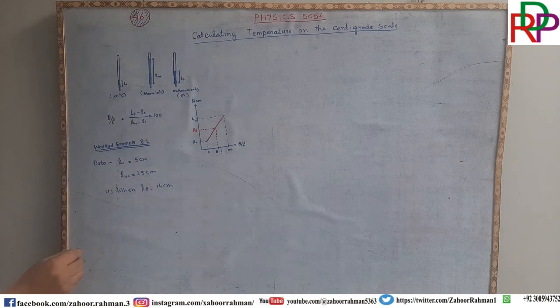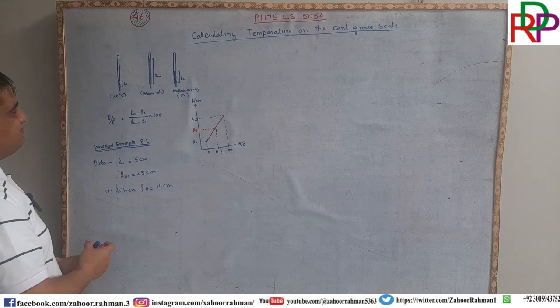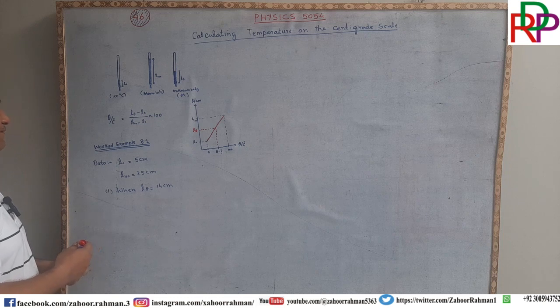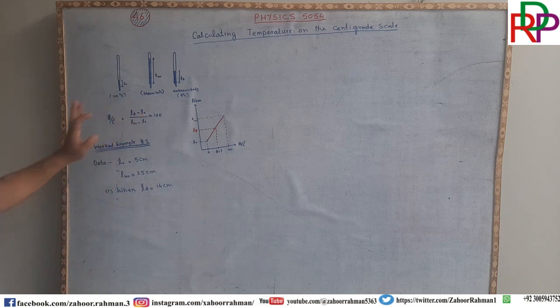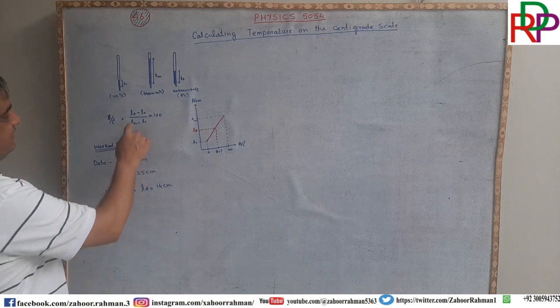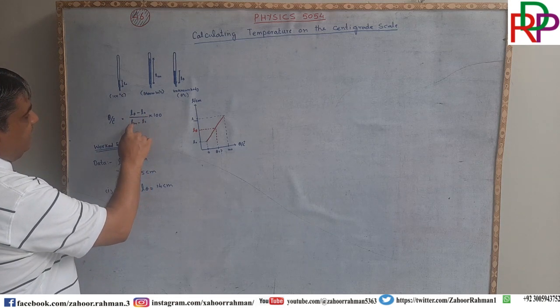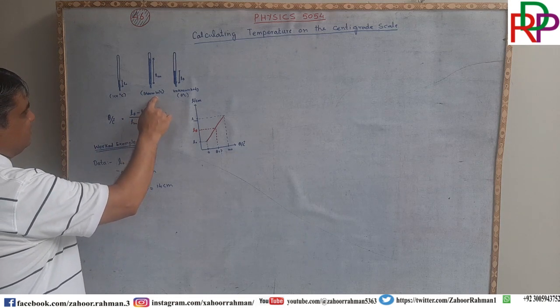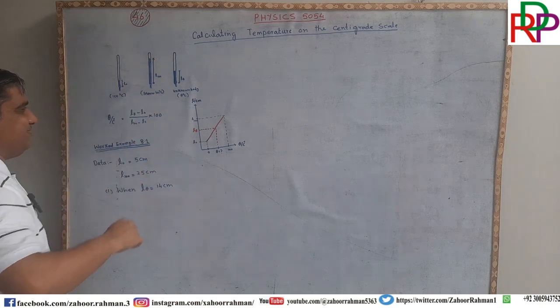When we immerse the thermometer inside the ice, wherever the mercury is pointing, we have to mark that point, and that is known as L0 or L naught. Whole divided by L100. This is this one, L100.